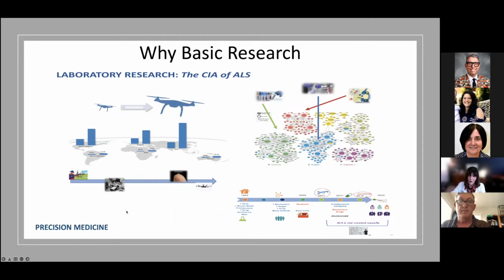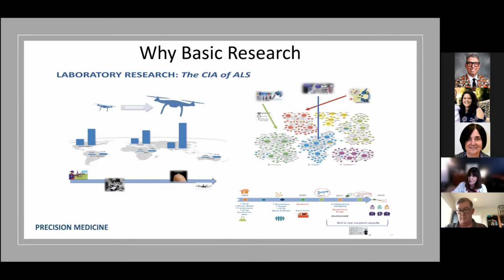So we need the research really to find out who these different molecules inside the bodies are, what they do, and ultimately we need to target them specifically in a process that is called precision medicine.